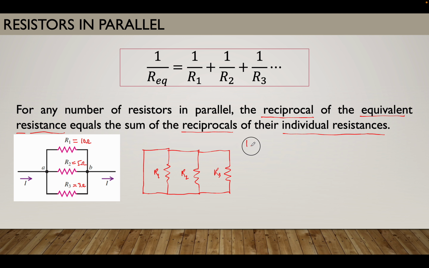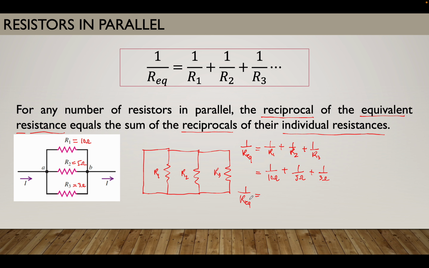We have 1 over R equivalent is equal to 1 over R1 plus 1 over R2 plus 1 over R3. So we have 1 over 10 ohms plus 1 over 5 ohms plus 1 over 3 ohms.